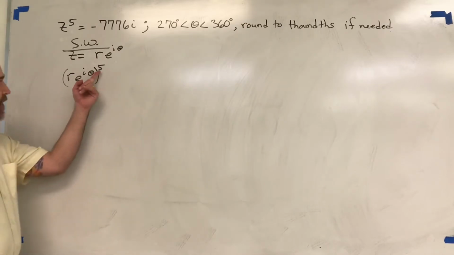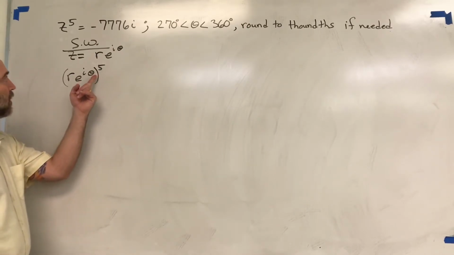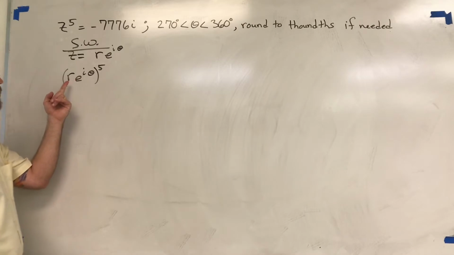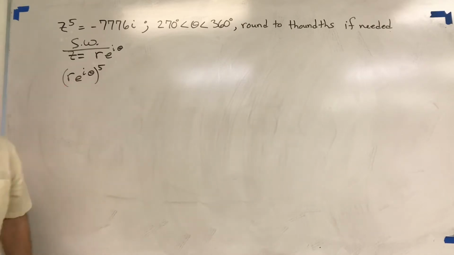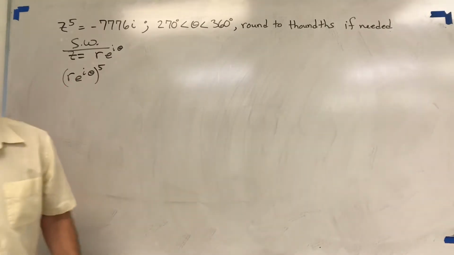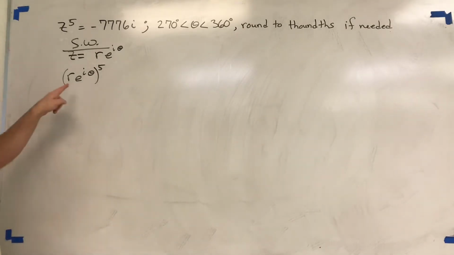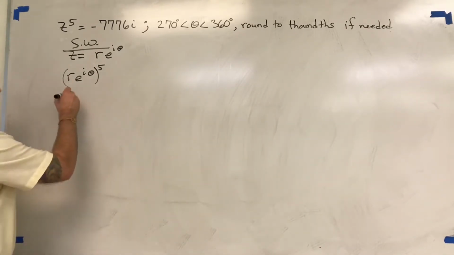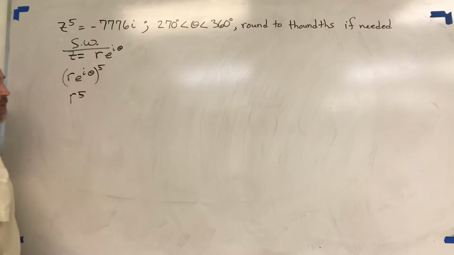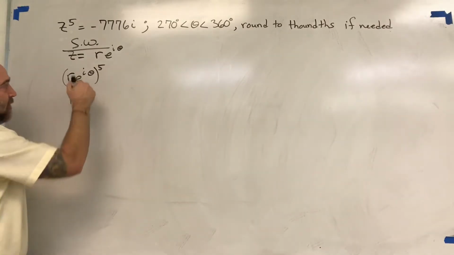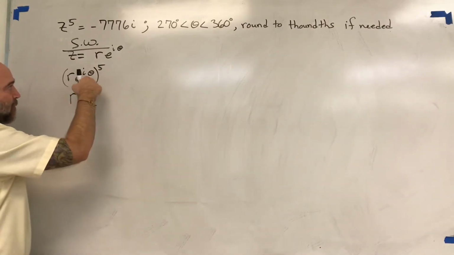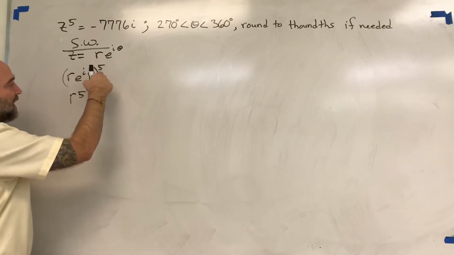And when you have something to the fifth power, this would be r to the fifth, whatever that r is. We have e. An exponent to an exponent means multiply.